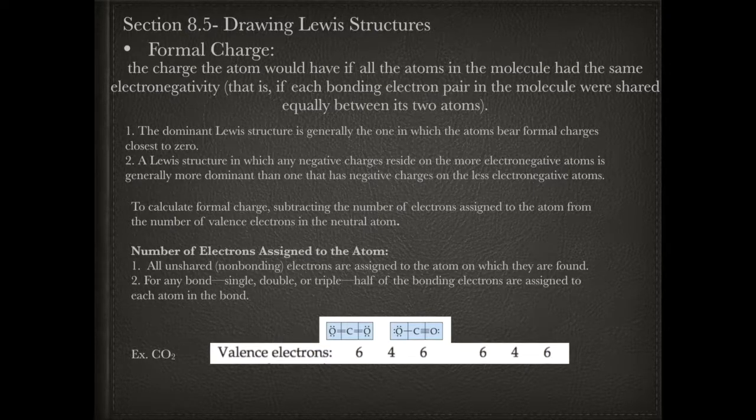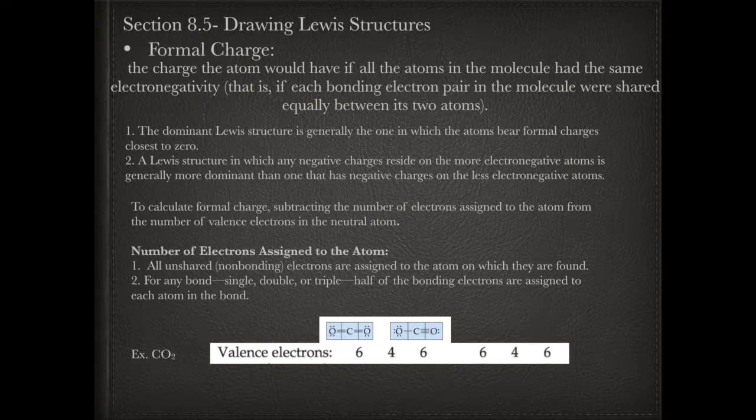The next thing that you need to do is determine the number of electrons that are assigned to the atom. So if you look at this first oxygen on the left-hand side, it's got 4 lone pairs of electrons, 4 electrons that are not shared, and then it has a double bond. Remember, each bond only represents 1 electron because we halved the 2 electrons that are being shared.